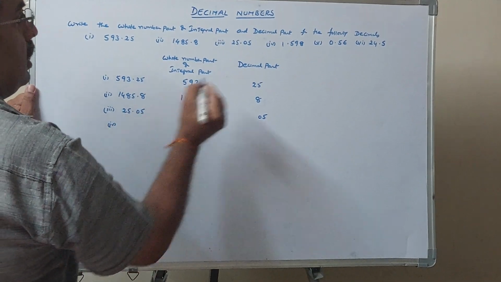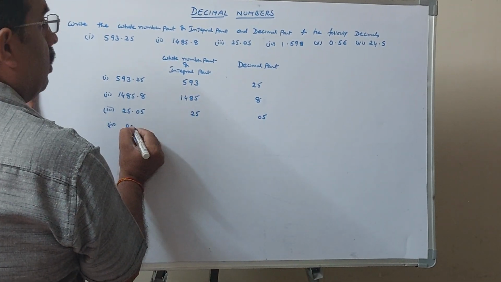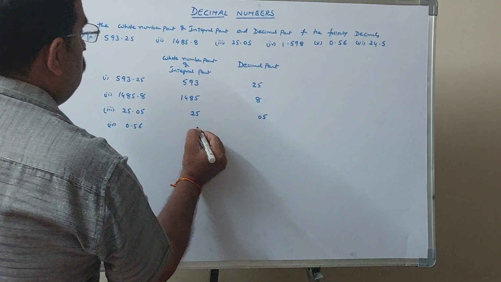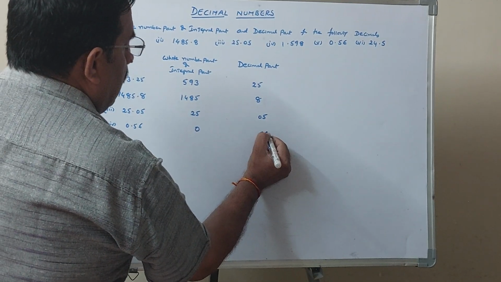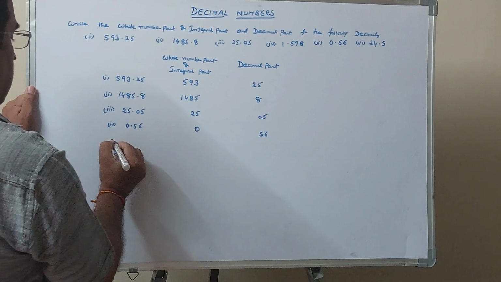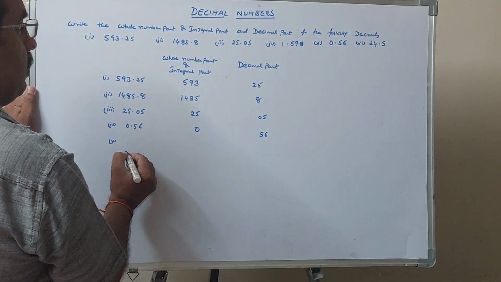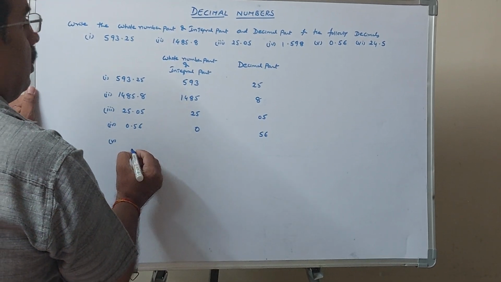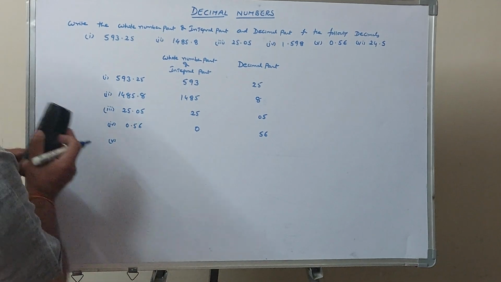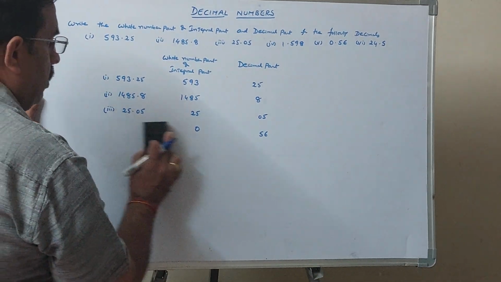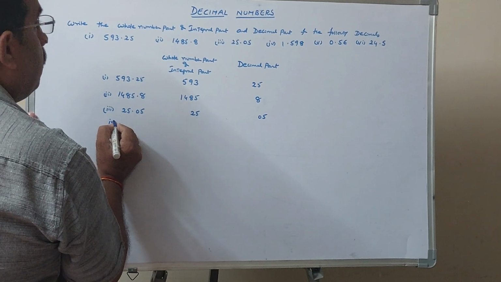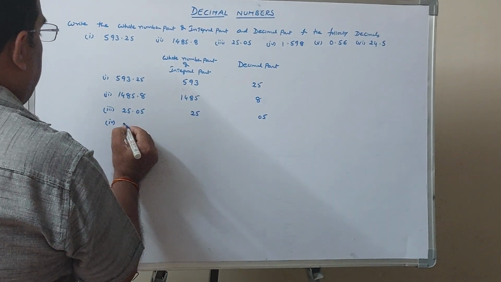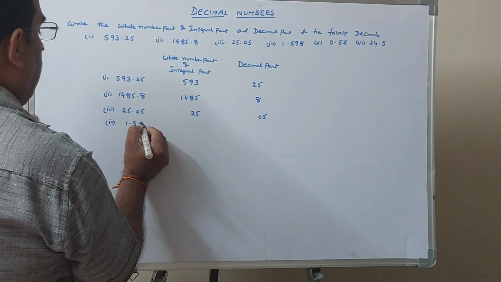Fourth one is 0.56. 0 is the whole number part and 56 is the decimal part. Fifth one is 1.598.